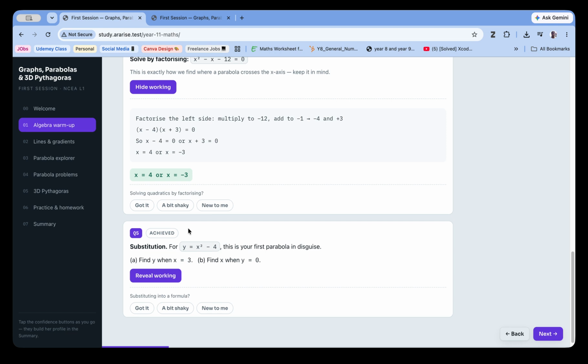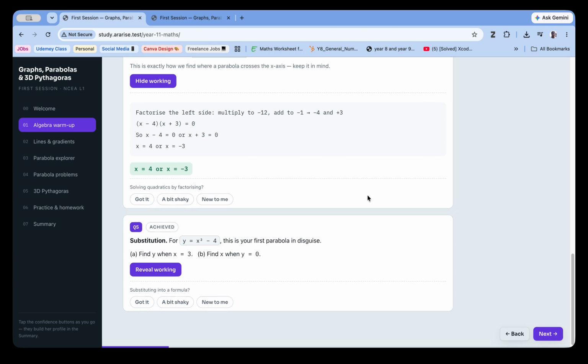Last one, substitution. For y equals x squared minus 4, which, by the way, is secretly your very first parabola in disguise, part A, find y when x is 3. Three squared is 9, minus 4 is 5, so y equals 5.